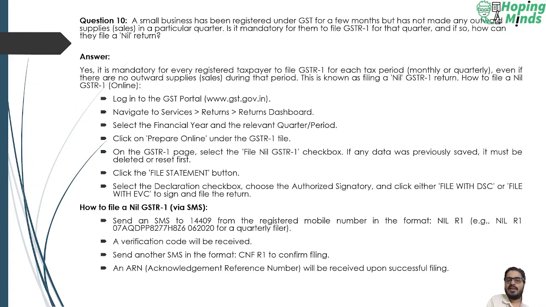In this way we have to enter the entire detail and send it to 14409. A verification code will be received. We have to send another SMS in the format of CNF space R1 to confirm the filing, and upon the submission of this message, an ARN will be generated for successful filing. So in this way, nil GSTR1 return is filed.